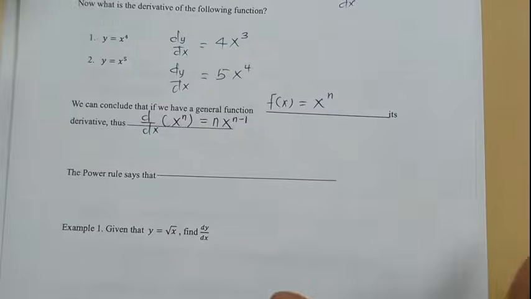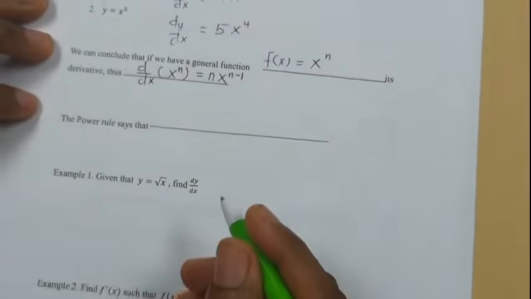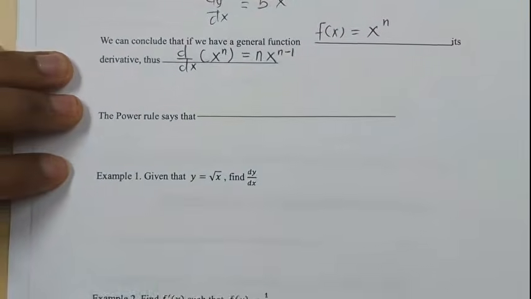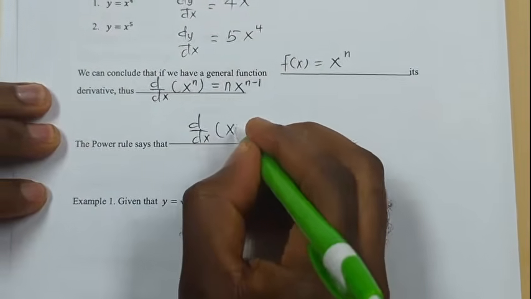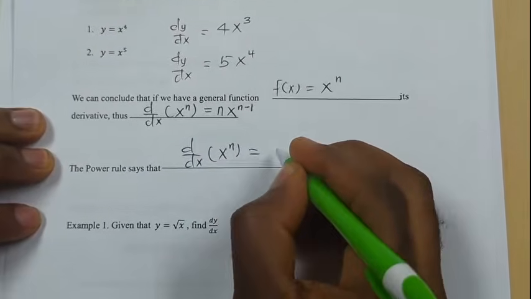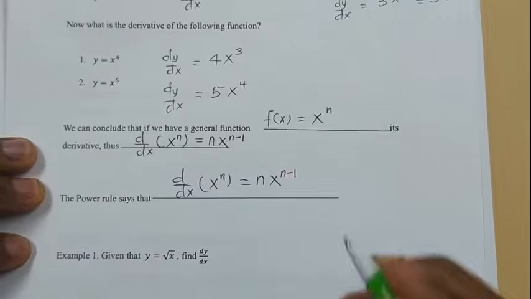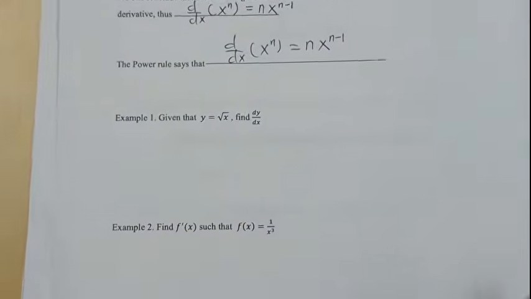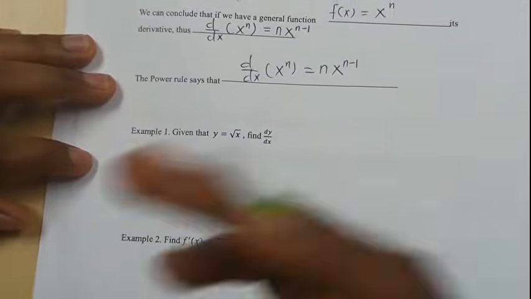So this is known as the power rule, actually. The power rule says that the differential of the function d over dx of x exponent n is just nx exponent n minus 1.